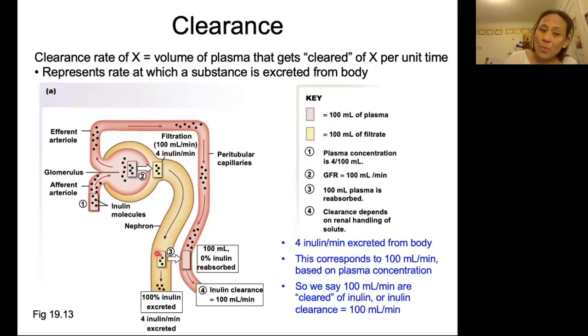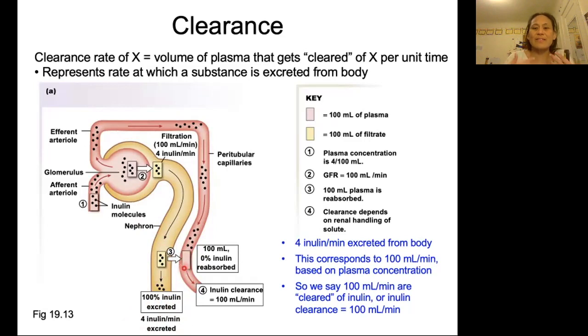At the end of this whole process, we are going to end up excreting all of that inulin. So that's 4 inulin per minute, okay? And then we end up with this 100 milliliters of fluid here that has had its inulin removed from it.